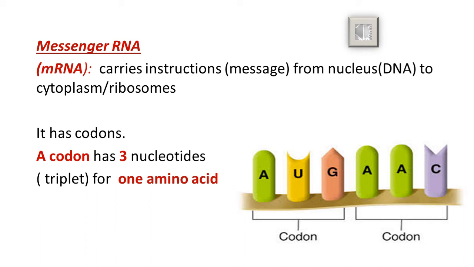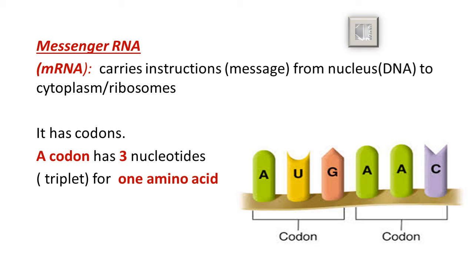A codon has three nucleotides. Three nucleotides form a codon that gives one amino acid. What is the meaning of amino acid? Amino acid is a component, or the monomer, of protein. To form a protein, we need amino acids.